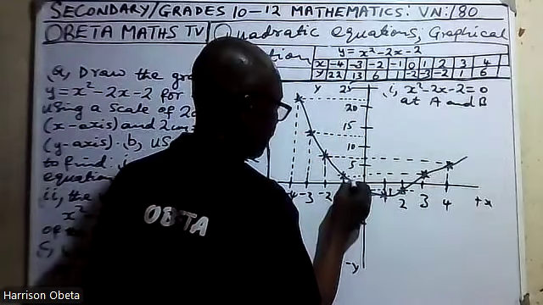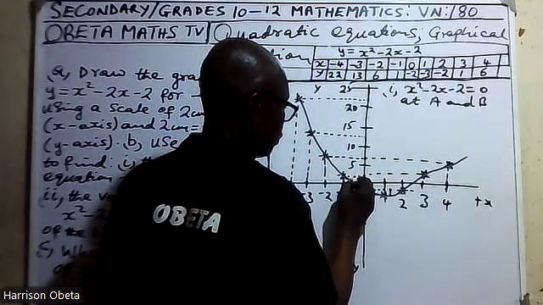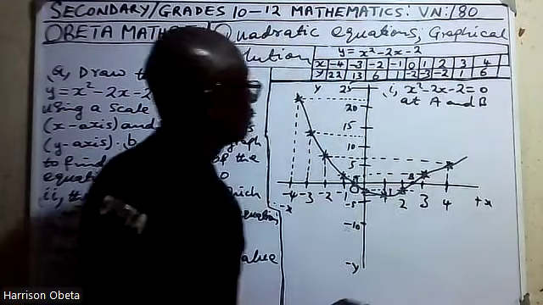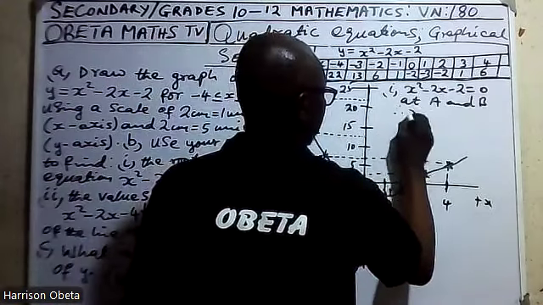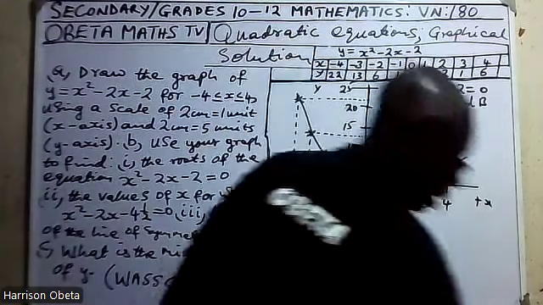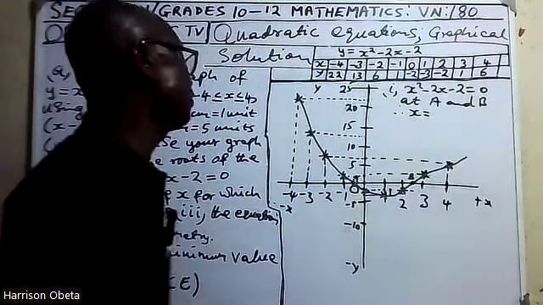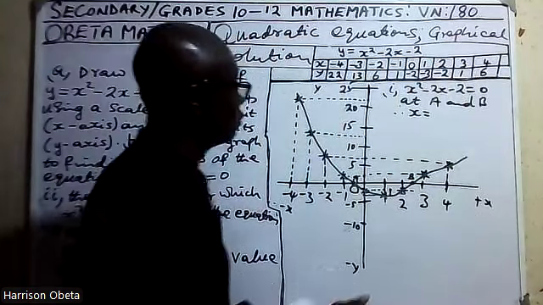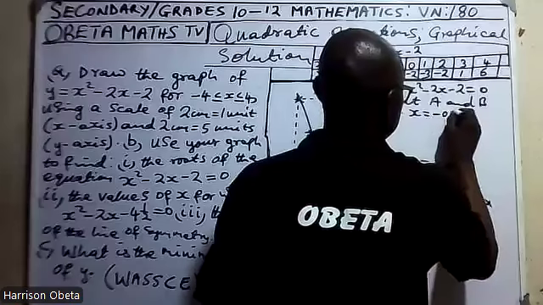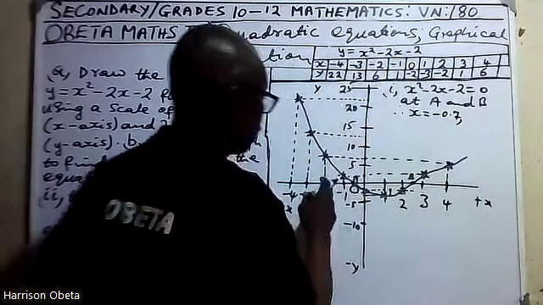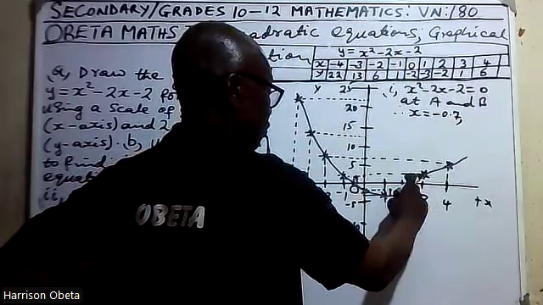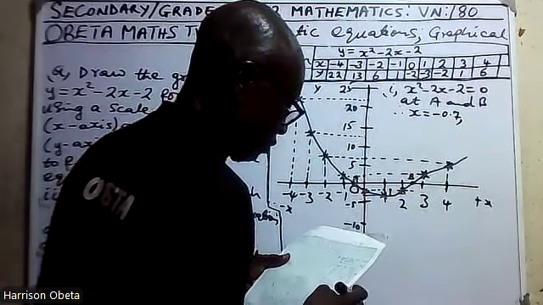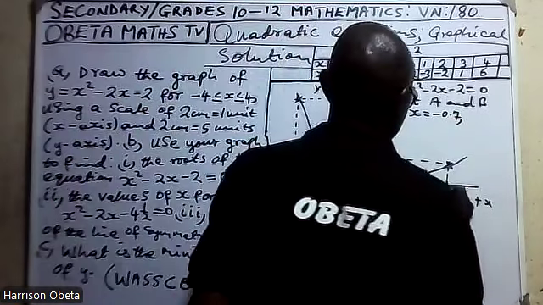The first place is here, you can put your A here. The second place is this, you can put your B here. So you can say therefore x equal to, when I did my own using my graph, I got minus 0.7, comma, then you come to the B part and check what you have there, 2.7.